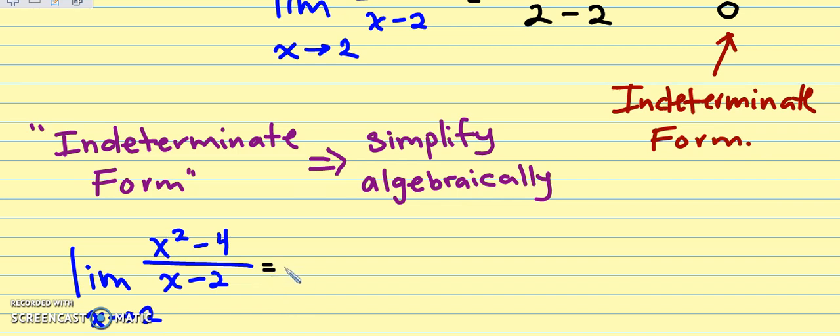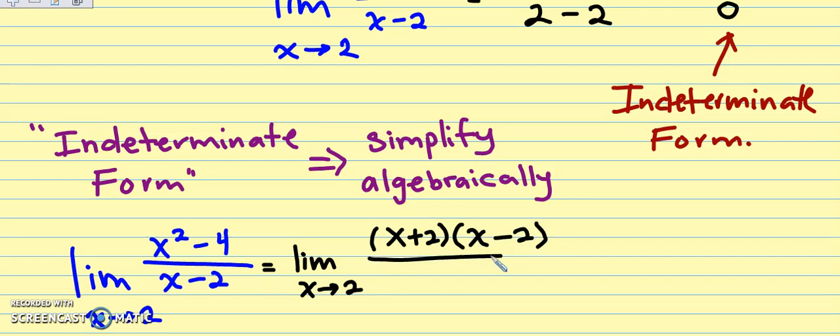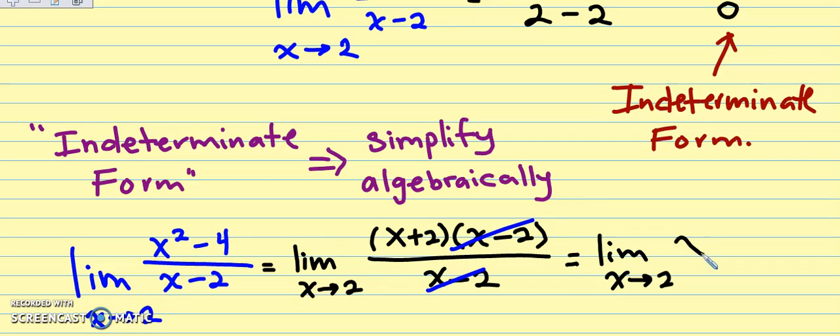If we factor the numerator, we have the limit as x approaches 2, but now we have x plus 2 times x minus 2 over x minus 2. Well, we can simplify, and now what we're looking at is the limit of x plus 2 as x approaches 2. And the way you would solve that now is, again, direct substituting.